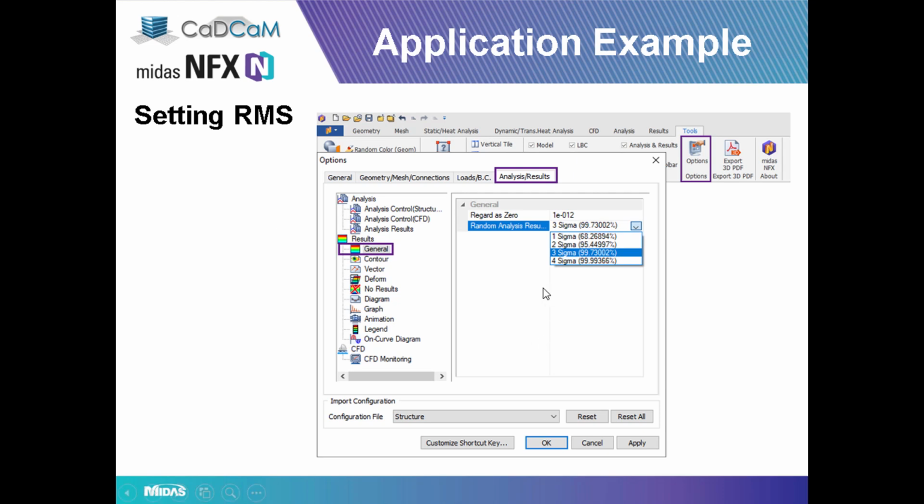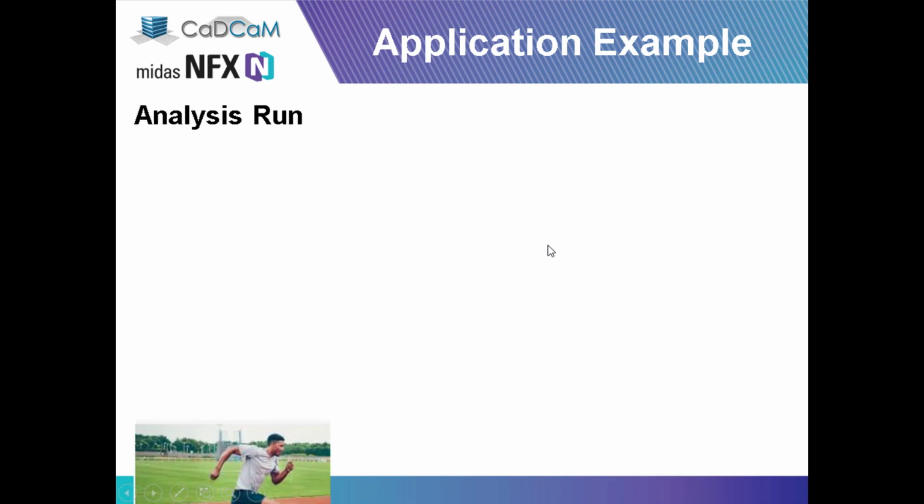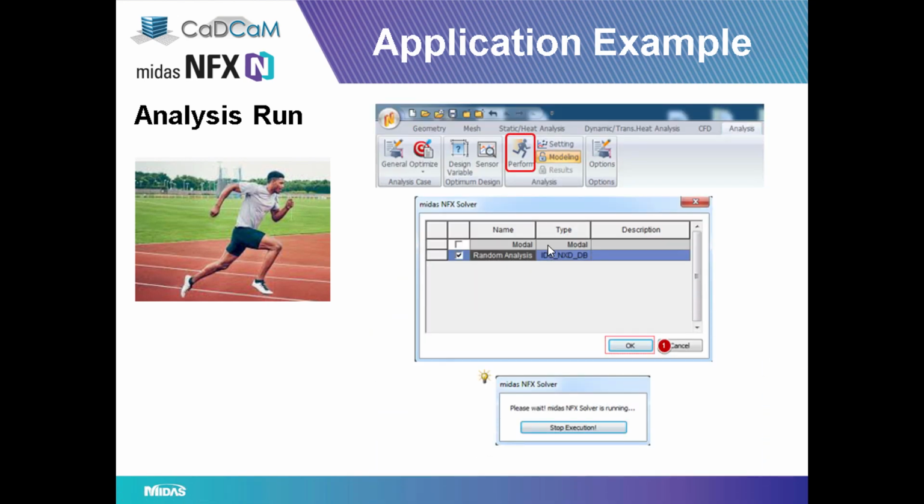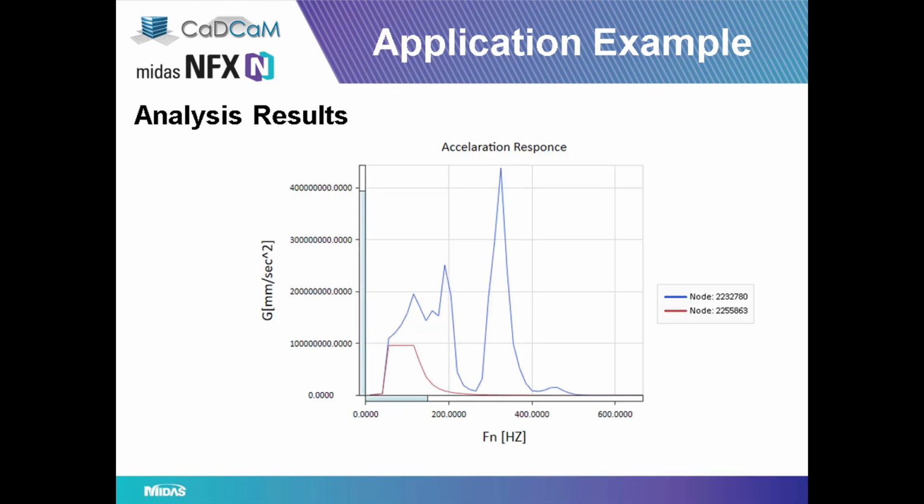Also, we can define if we want the results at 1 sigma, 2 sigma, and 3 sigma, which are the time function that the system is exposed to, and also to run the system and get the results.